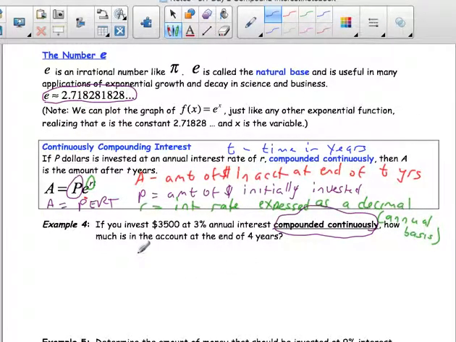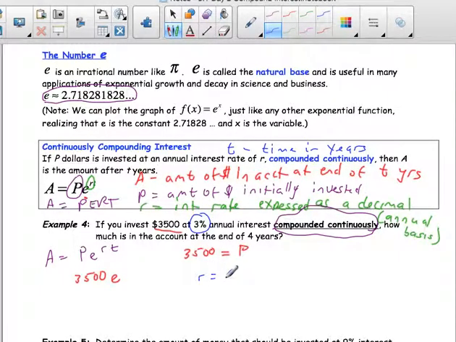How much is in the account at the end of 4 years? So we're going to use A equals P times e to the RT. And let's substitute in what we know. $3,500 is the principal, the amount you initially invest. E is the number e. We've got 3% right here. This is the interest rate.